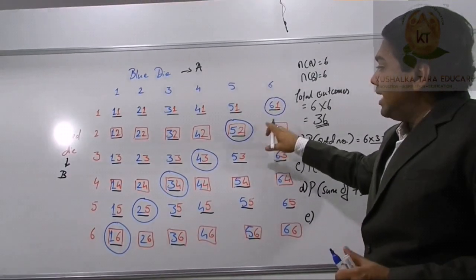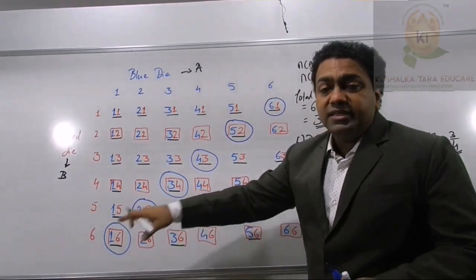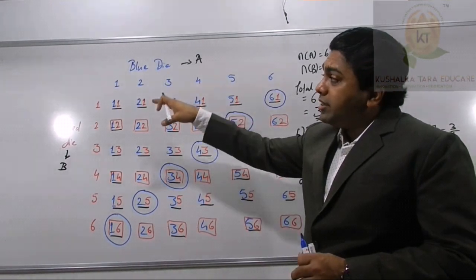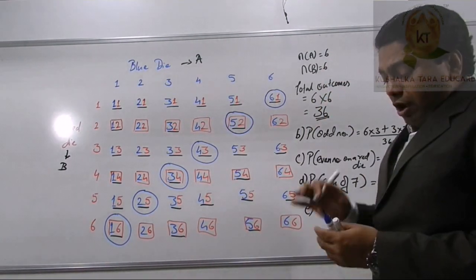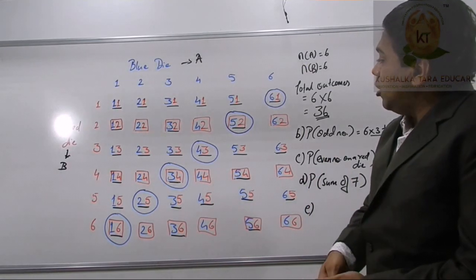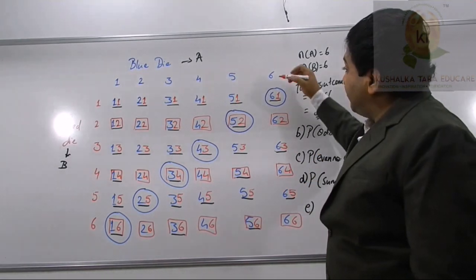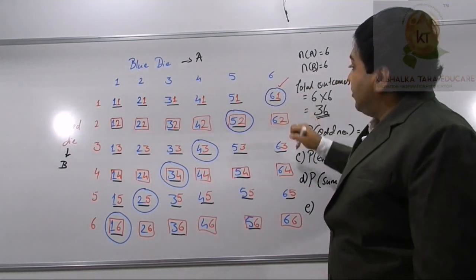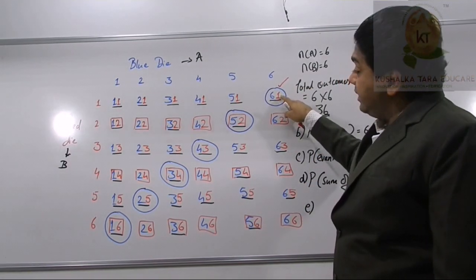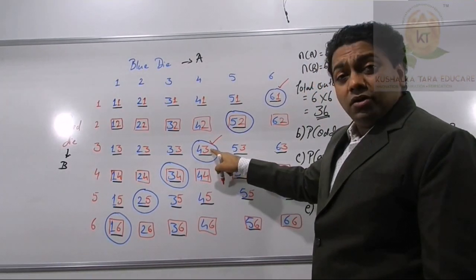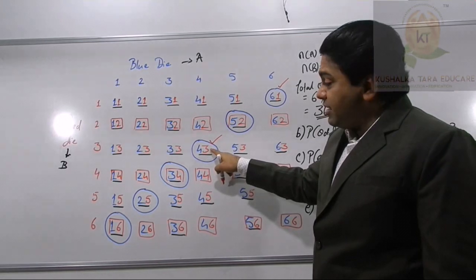I know that sum of 7 is only these 6 options, but the second part is or an odd number on the red die. Now, which are all those options where I have an odd number on the red die as well as a sum of 7? I have this, an odd number on the red die and a sum of 7.